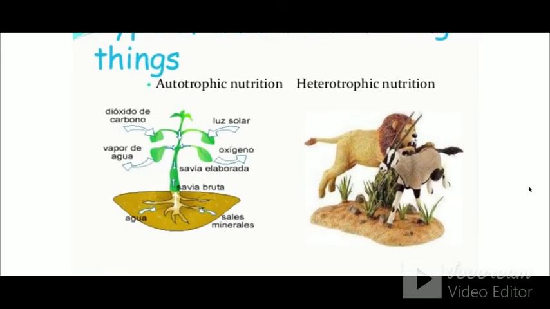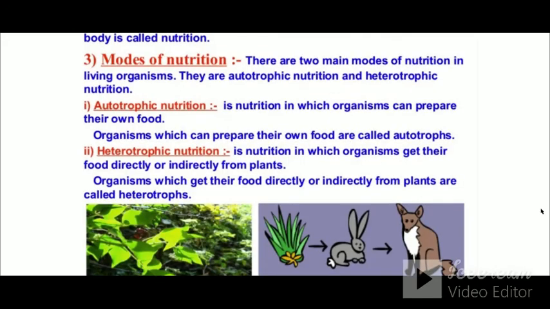So here you can see in autotrophic nutrition, the sunlight is the main source of energy. In heterotrophic nutrition, already prepared food is being consumed. So generally there are two types of nutrition, autotrophic and heterotrophic. Autotrophic nutrition is the nutrition in which organisms can prepare their own food, just like green plants.